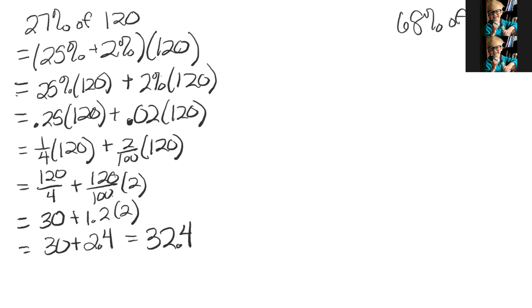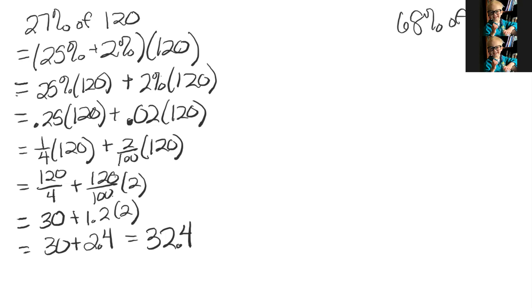So you may not have known 27% of 120 off the top of your head, but now you can see, just using reasoning, we can think flexibly about decimals, fractions, and percents to help us find any percentage of any number.